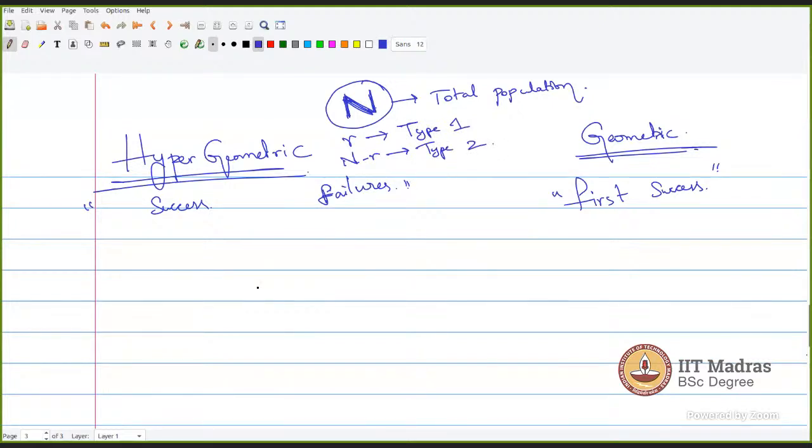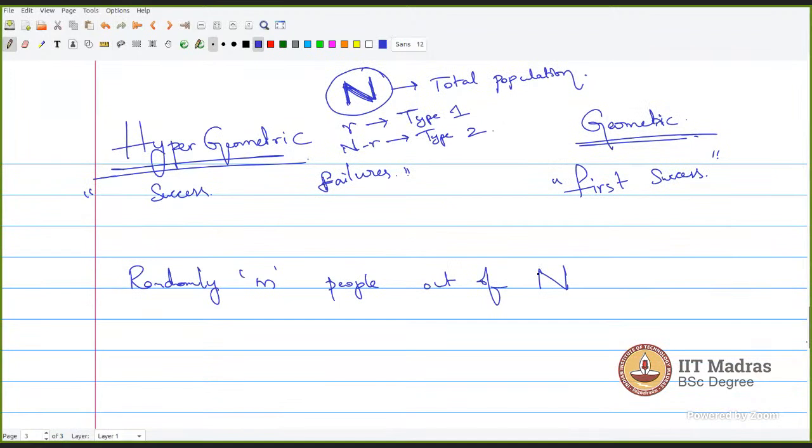So this is how it is, and we have chosen randomly m people out of N. So randomly we have chosen some m people. Out of these m people, we have seen some k of type 1 and, sorry, m minus k of type 2.